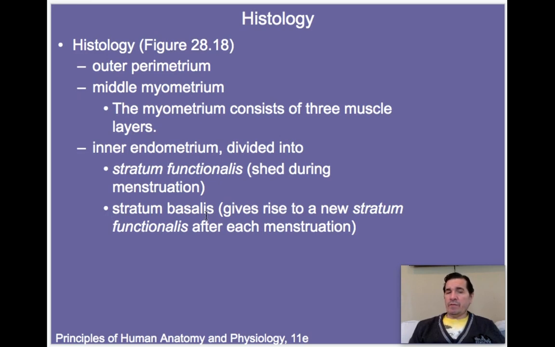The stratum basalis is next to the myometrium, and it grows and develops the stratum functionalis, which is the portion that sheds monthly during menstruation.